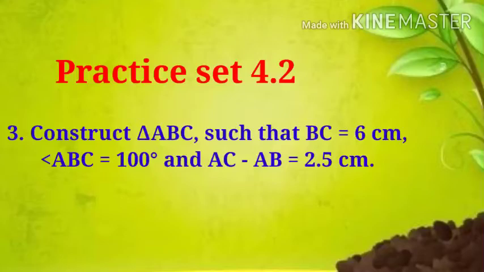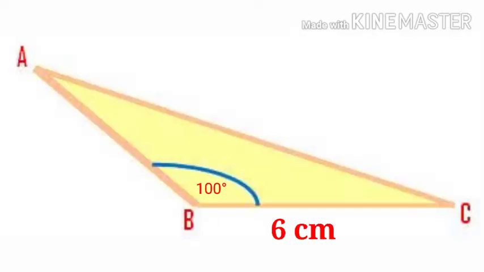Now we will move on to question number 3 of practice set 4.2. Construct triangle ABC such that BC equal to 6 cm, angle ABC equal to 100 degrees, and AC minus AB equal to 2.5 cm. First we will draw a rough figure of triangle ABC.